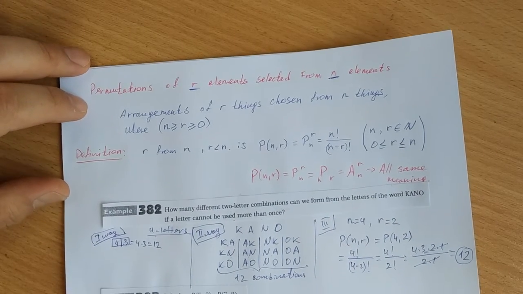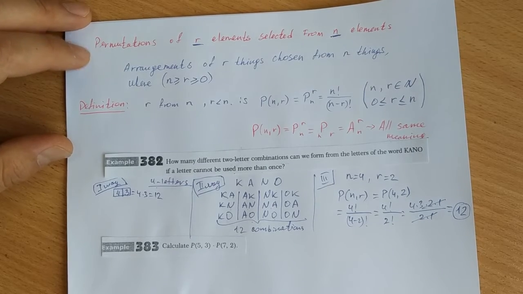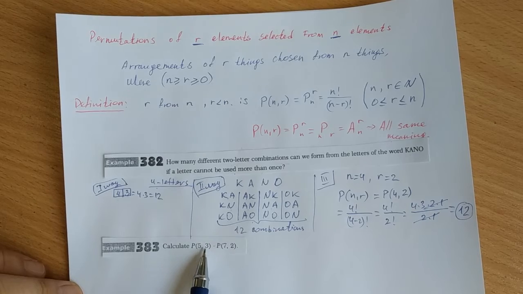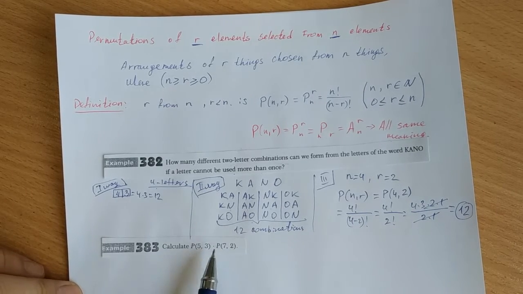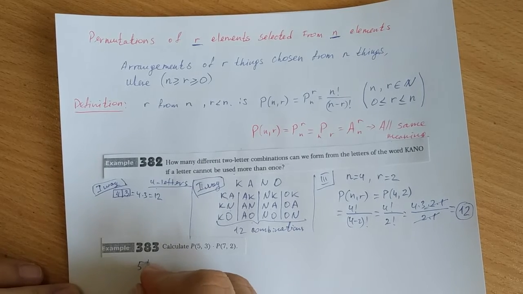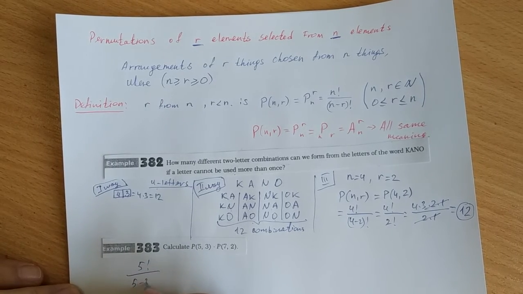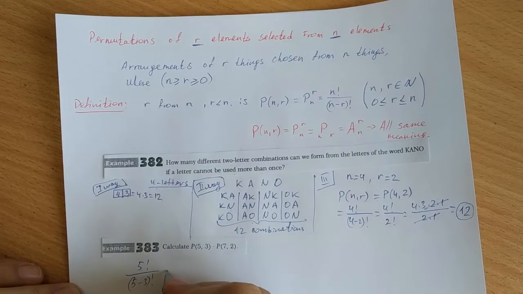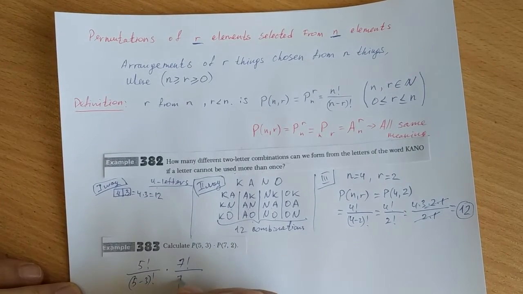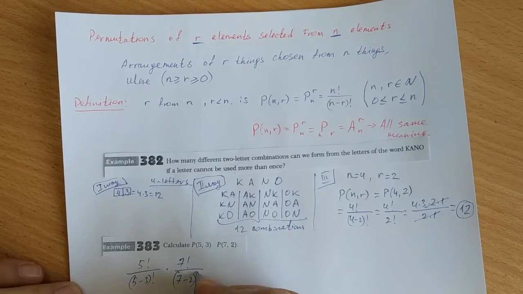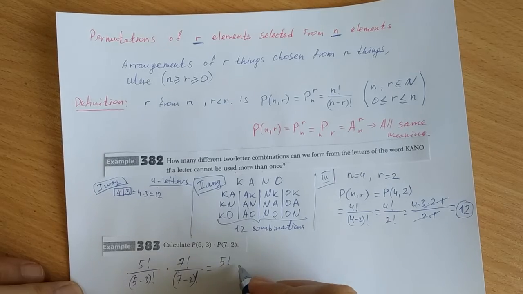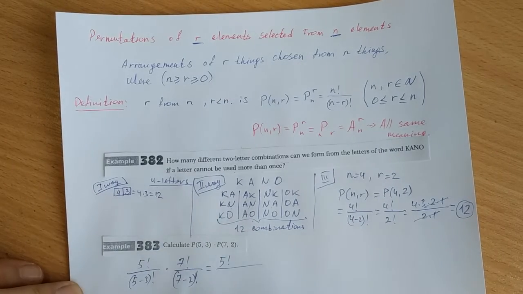Okay, let's continue. We have this kind of example. Let's calculate P 5 3 times P 7 2. That means 3 elements from 5 and 2 elements from 7. Let's find the multiplication. P 5 3 means 5 factorial divided by 5 minus 3 factorial, times 7 factorial divided by 7 minus 2 factorial. We have a multiplication of fractions.